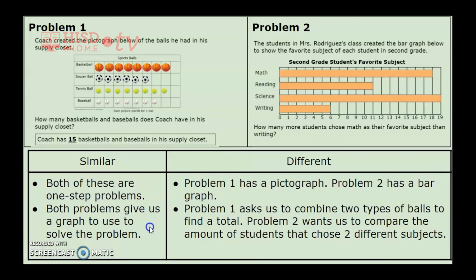They're also similar because both problems give us a graph to use to solve the problem. They're different because problem 1 has a pictograph, problem 2 has a bar graph. Problem 1 asks us to combine 2 types of balls to find a total. Problem 2 wants us to compare the amount of students that chose 2 different subjects.